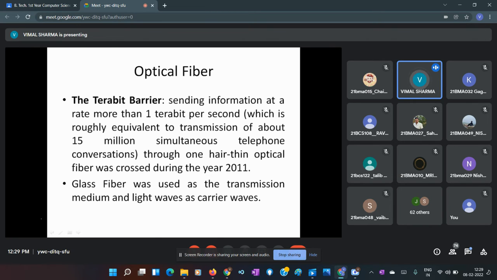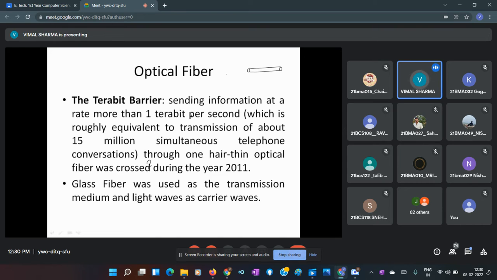By this, what we mean, if I say that this is my optical fiber, I am interested in sending a digital signal.